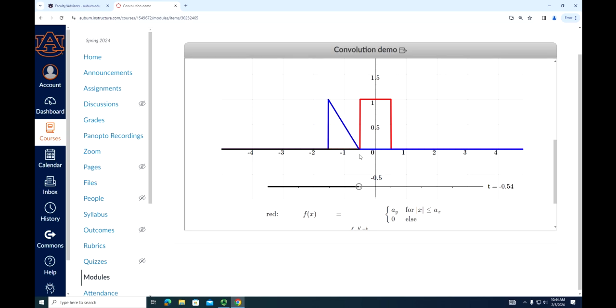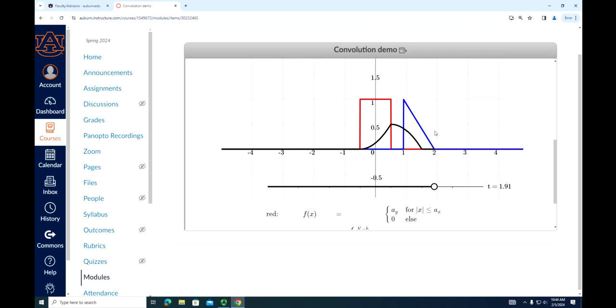Before this time it is 0, then at this time it starts growing, then at this time it starts decaying, then at this time we're back to 0. So there will be 4 cases: first when it is 0, second when it starts growing, third when it starts decreasing, and fourth when it goes back to 0. That's what we do every time we do the convolution.